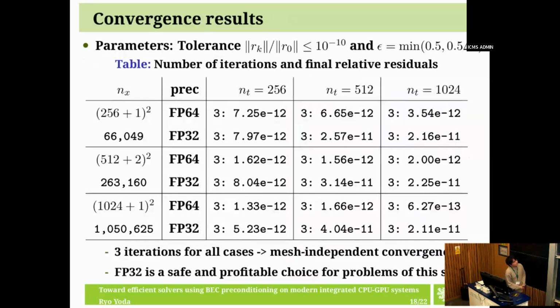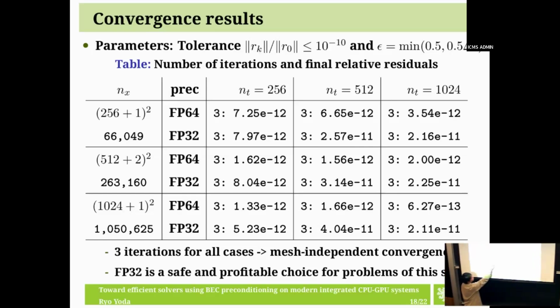So this is the first result in terms of convergence. We impose a convergence tolerance of relative residual smaller than 10 to the minus 10, and the epsilon parameter for BEC equal to 0.5 multiplied by dt. This table shows the number of outer iterations of GMLS, and the final residual achieving the convergence tolerance.